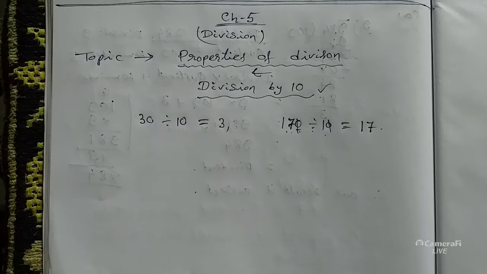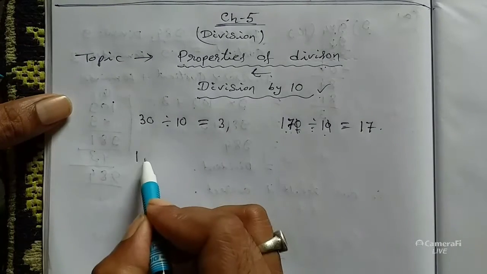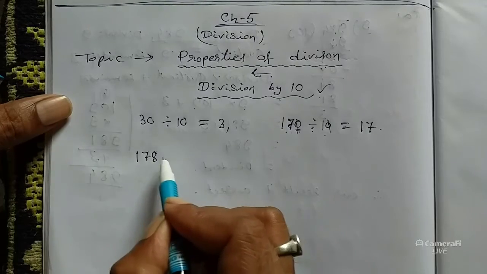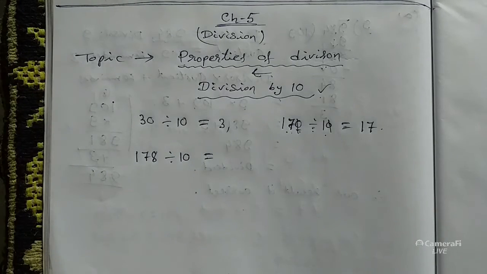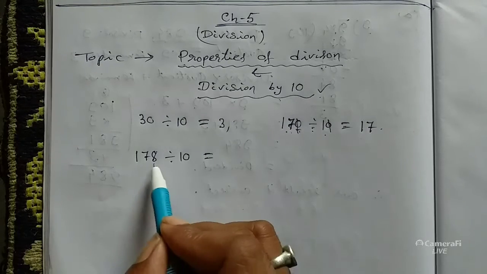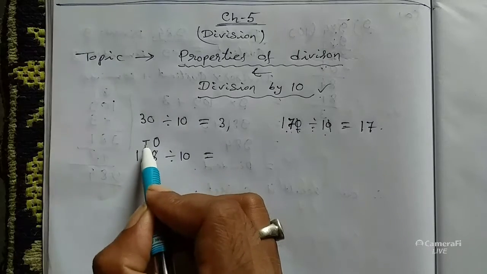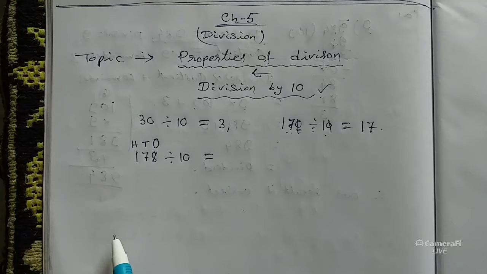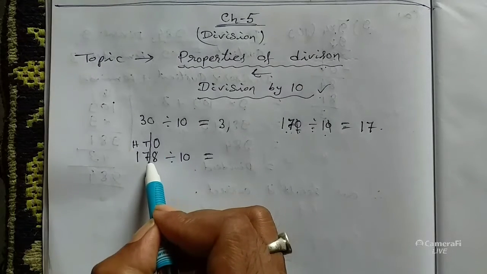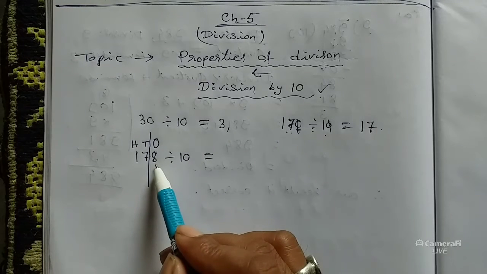Okay. Now suppose we are dividing 178 by 10. Now what should I do? In that case, leave the ones place digit. The ones place digit here is 8, the tens place digit is 7, and the hundreds place digit is 1. So we divide the number from here and the ones place digit is 8.